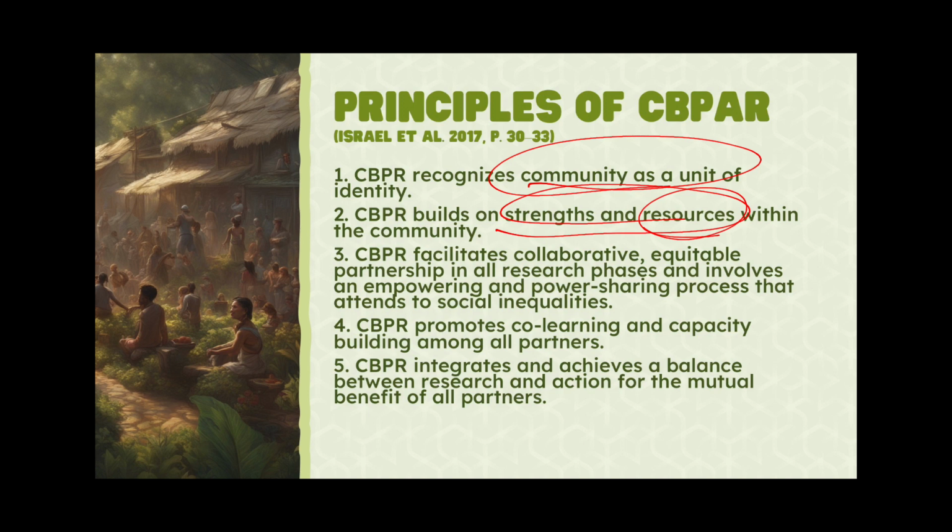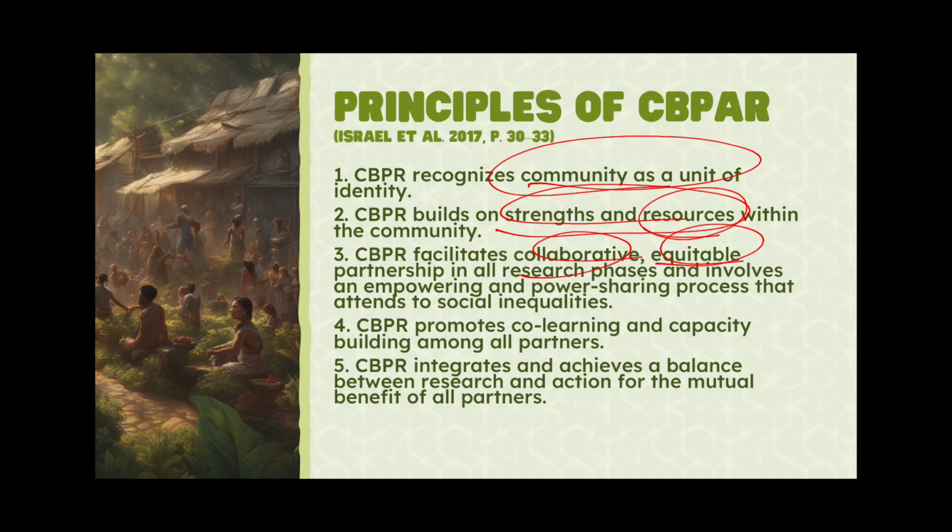Number 3, it facilitates collaborative, equitable, meaning we have to make sure that there is justice and equal participation in relation to certain barriers and certain identities, and partnership in all research phases, not just at the end, not just during data collection, but from the very beginning until the end, and involves empowering power-sharing processes and attends to social inequalities.